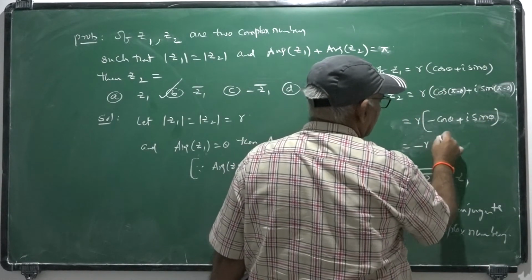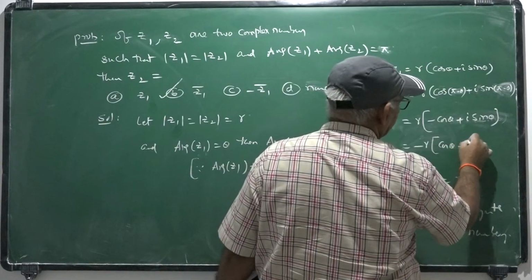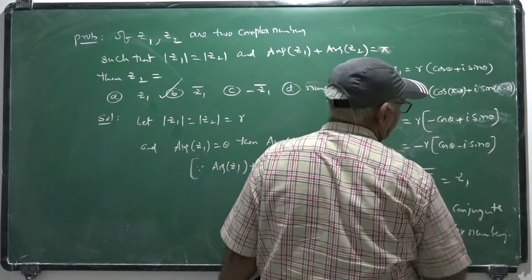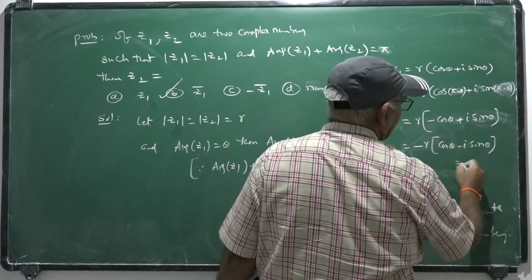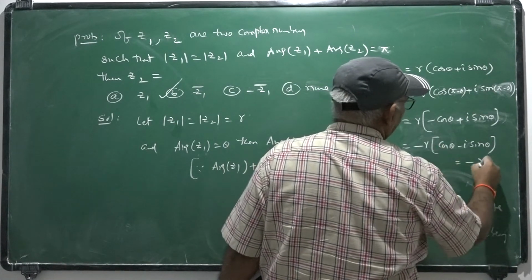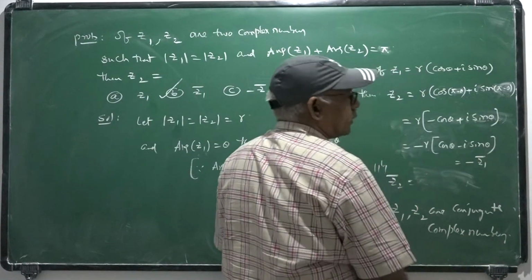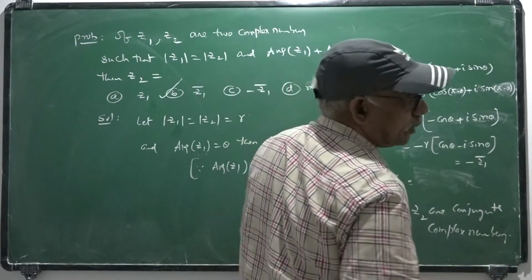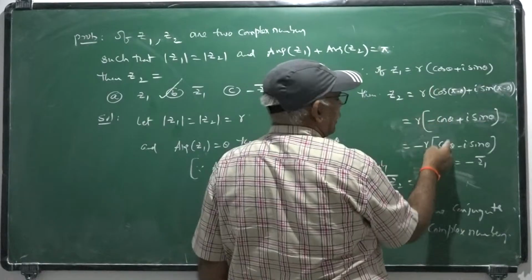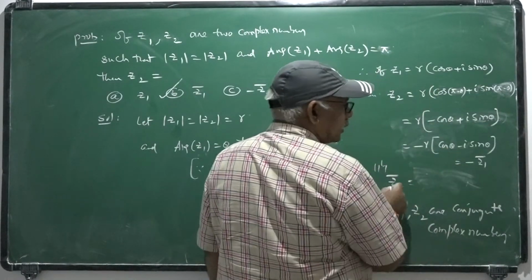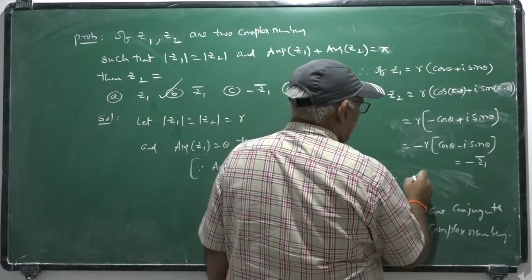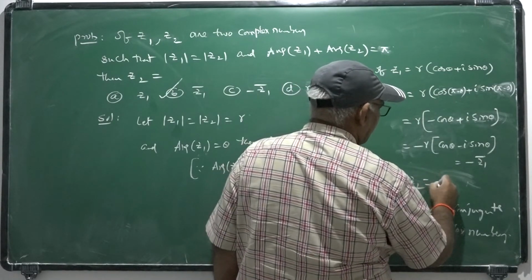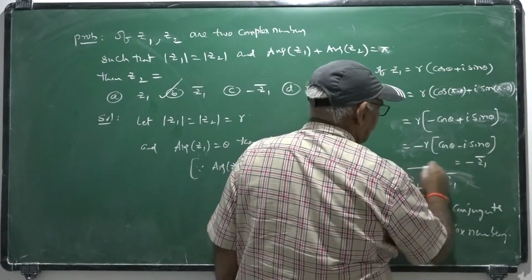So this is minus r into cos theta minus i sin theta, which is nothing but minus r into the conjugate of cos theta plus i sin theta. Hence, in such case, z2 equals minus z1 bar.